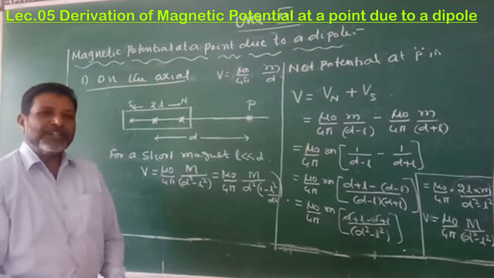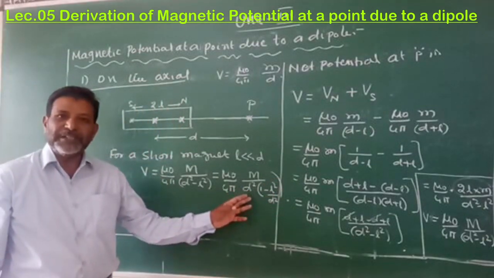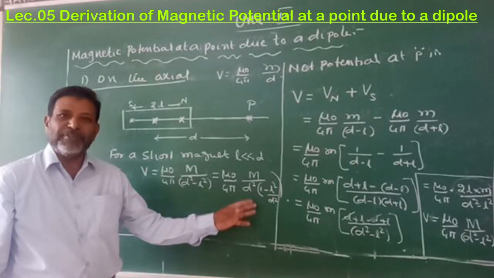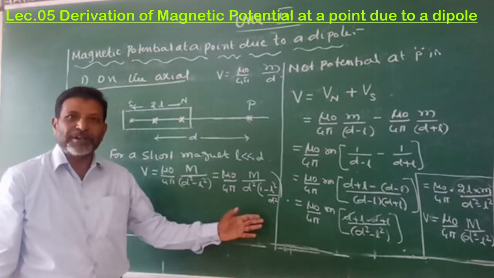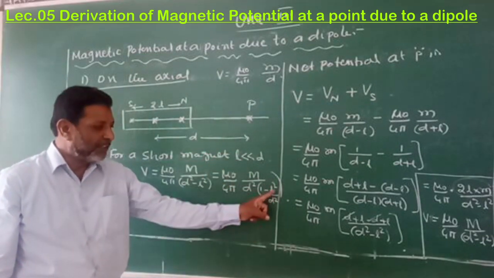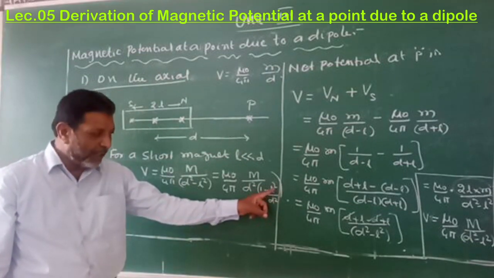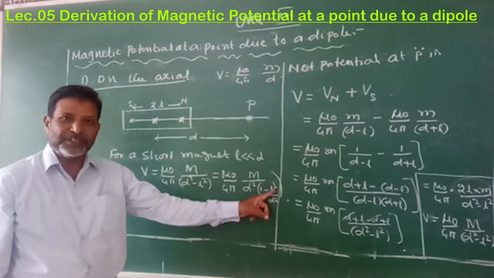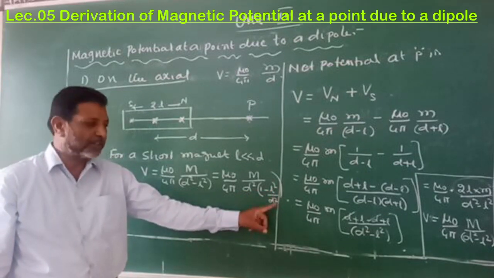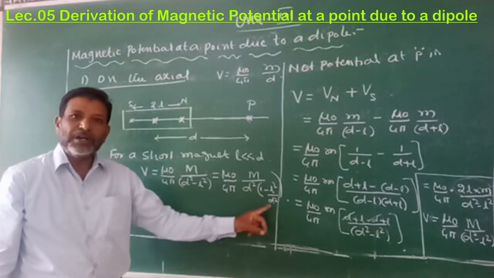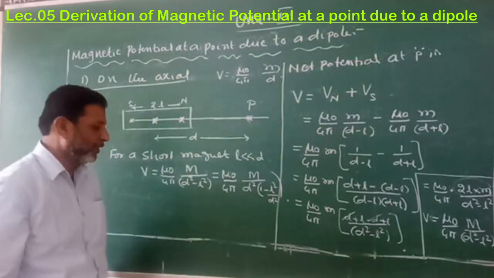Now we have already discussed this type of case while finding the formula for the intensity. Since L is very much less than d, the numerator L is very, very small as compared to d, so this factor is almost equal to 0.